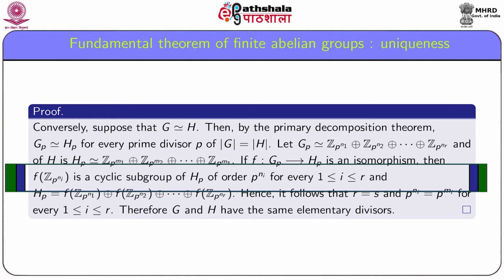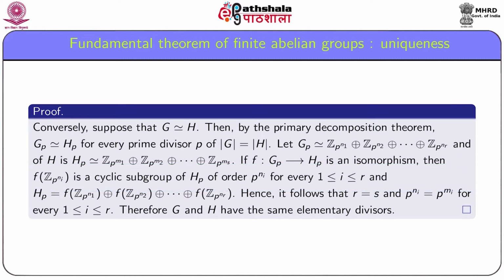Thus, f of Z p to the power ni is a cyclic subgroup of Hp, and the order of f of Z p to the power ni is the same as the order of Z p to the power ni, that is, p to the power ni, and we have Hp is equal to f of Z p to the power n1 direct sum f of Z p to the power n2 direct sum, and so on, direct sum f of Z p to the power nr.